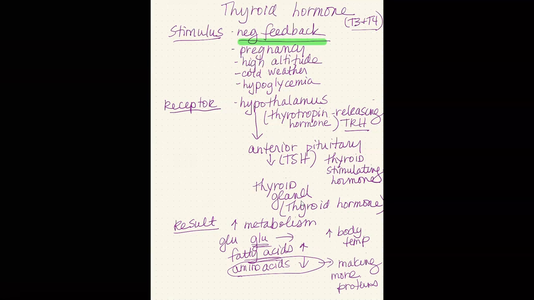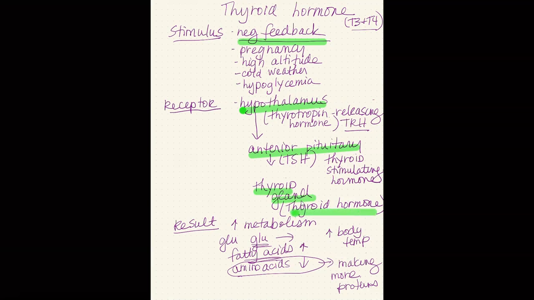We're trying to maintain a set point. So it's going to be detected by the hypothalamus, which is then going to release thyrotropin releasing hormone to the anterior pituitary. Then that is going to release thyroid stimulating hormone, and that's going to go to your thyroid gland and tell it, it's time to release thyroid hormone.